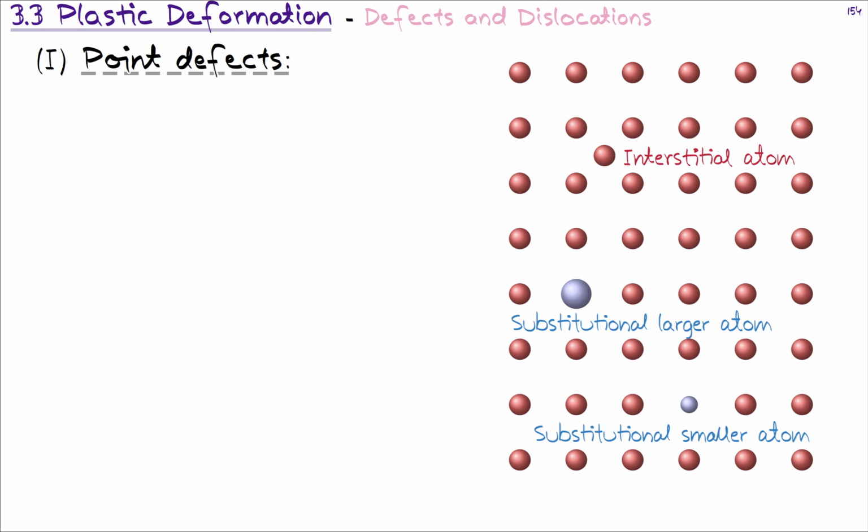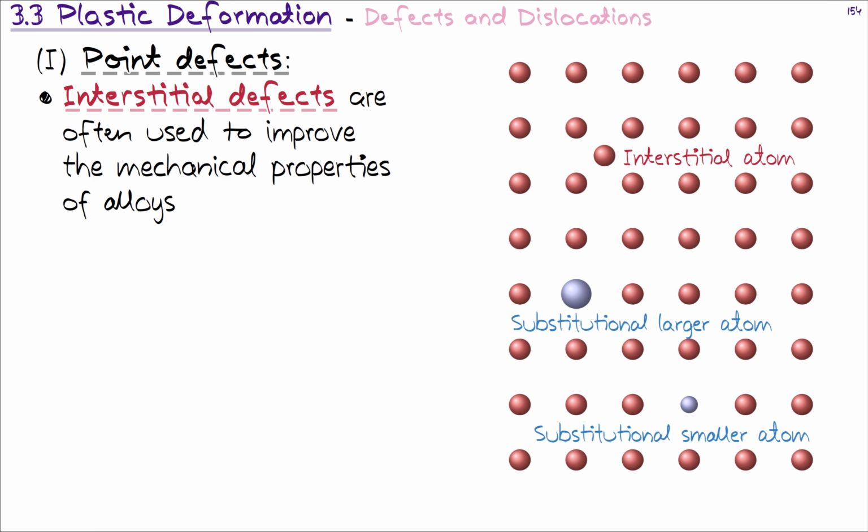So point defects, these are some of the examples shown in the figure. For example, interstitial defects are often used to improve the mechanical properties of alloys. So this is an example where we are taking advantage of intentionally adding defects into our material.